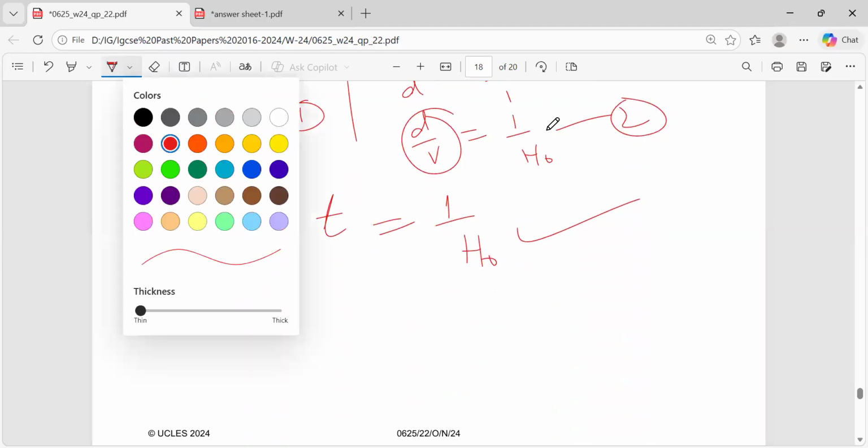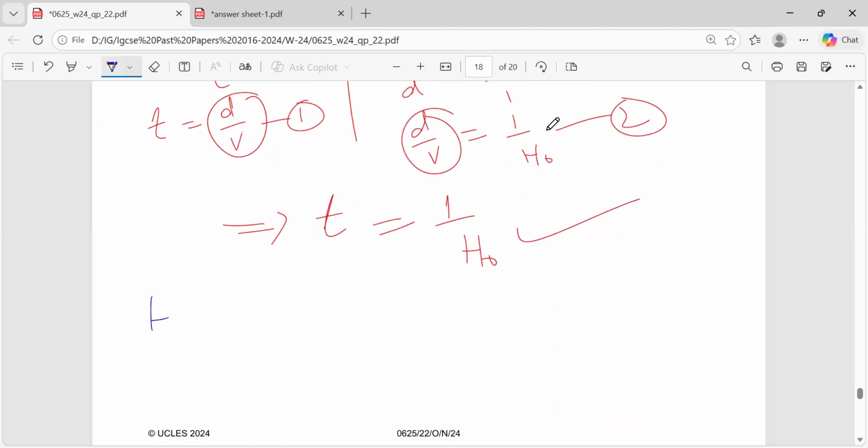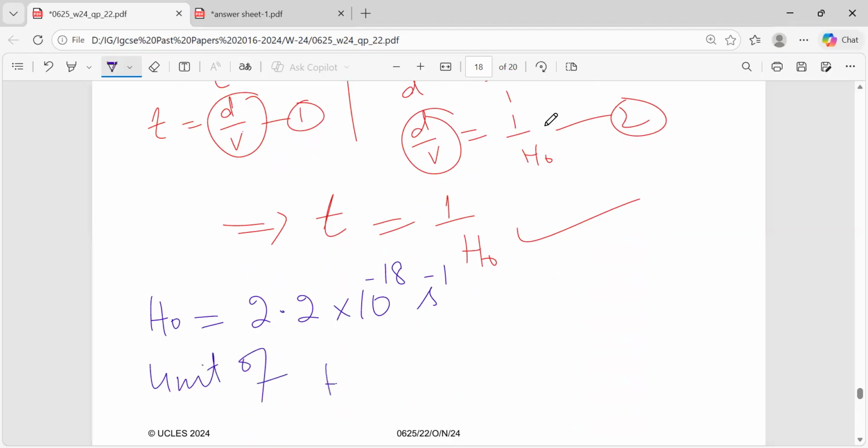But still one thing more, and another important thing, dear friends: you must remember the magnitude of it. H naught can be in MCQs, and in paper 4 sometimes given, sometimes not given. So you should remember it, that is 2.2 times 10 raised to power minus 18 per second. And also remember that the unit of H naught is not second, it is per second.